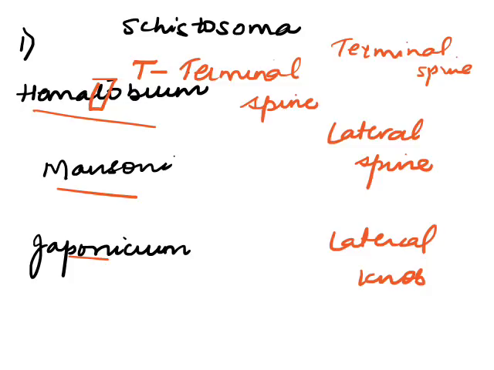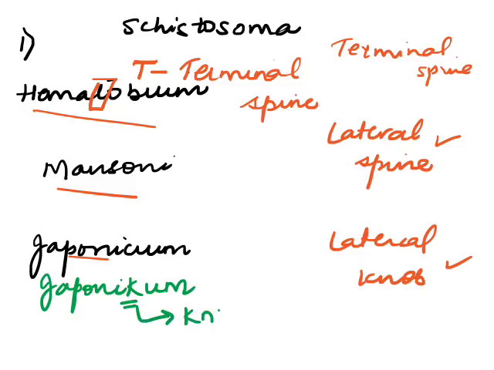The next is which one has lateral spine and which has lateral knob. When you spell Japonicum, spell it with a K, that is K-U-M rather than C-U-M. That K stands for knob. So Japonicum has a lateral knob, because terminal is only in haematobium.